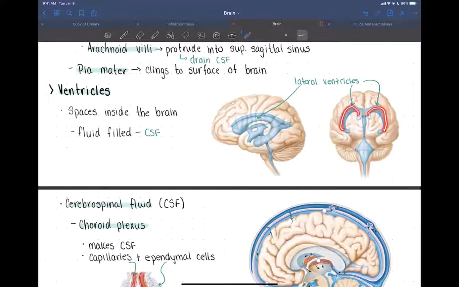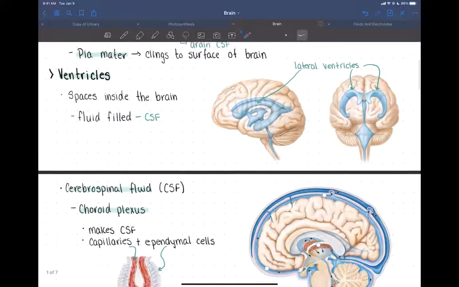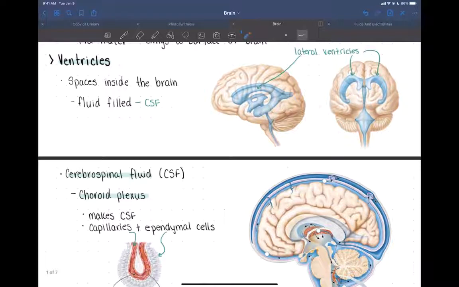We have CSF that is made in them, so they contain choroid plexus. That would be what we are seeing right here. So this would be choroid plexus in our lateral ventricle, making our CSF. And it's going to flow from there into this next ventricle, the chicken-looking ventricle, which is called the third ventricle, because technically 1 and 2 are lateral ventricles.